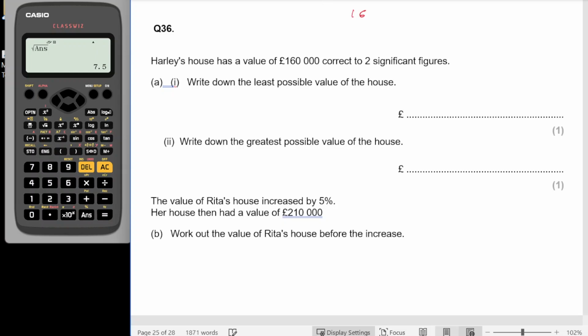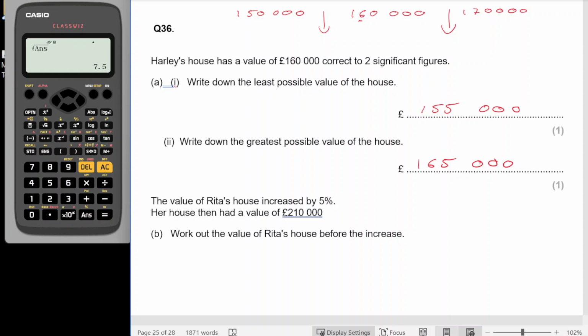If it's been rounded to 160,000 to 2 significant figures, so that's as opposed to it being 150,000 or 170,000. So the smallest value is going to be directly halfway in between those, so it's going to be 155,000. And then the greatest value is going to be directly in between those two, so 165,000.